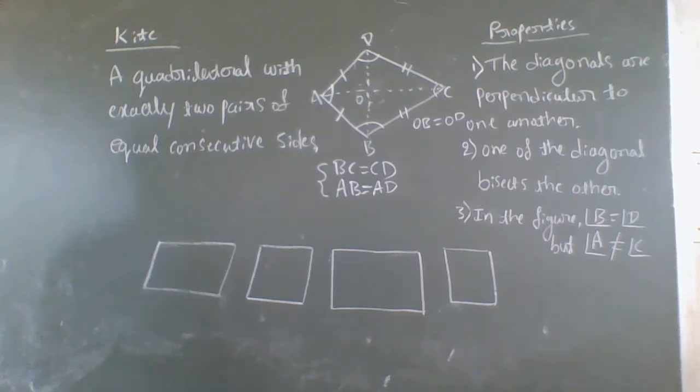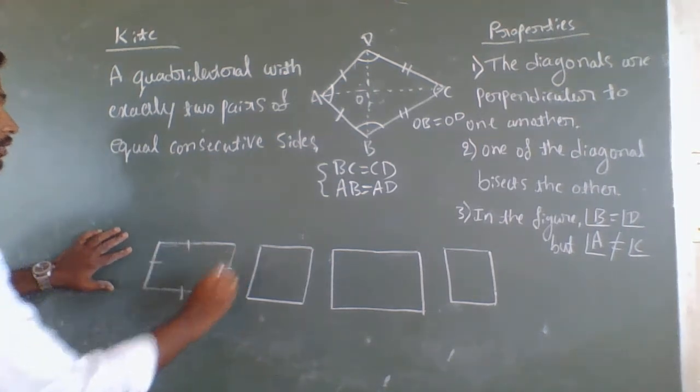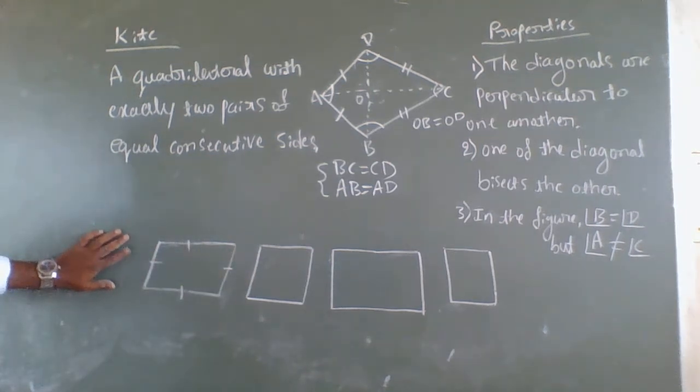Now, what are the different types of quadrilaterals we have discussed? The first one is the parallelogram. Here the opposite sides are parallel to each other, therefore it is called a parallelogram.